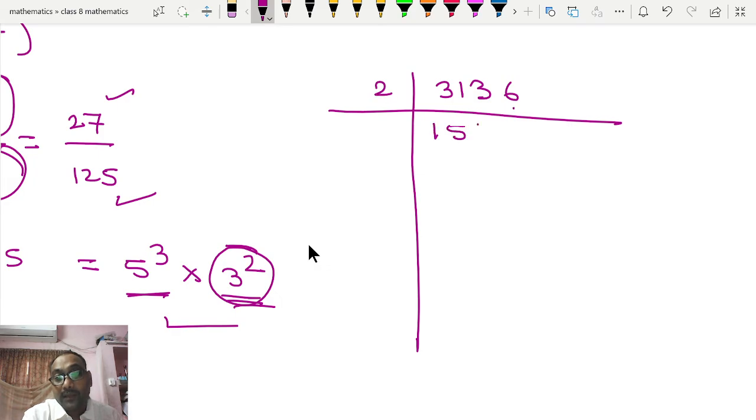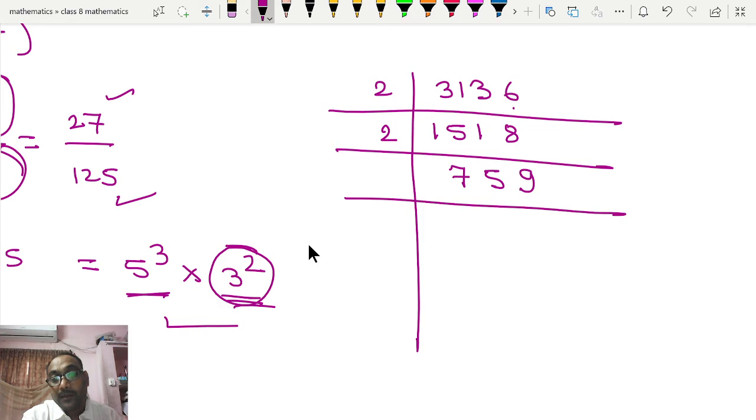1568. Again we find it is an even number, dividing by 2, 784. And this number is not divided by 2, but when you add 7 plus 5, 12, plus 9, 21, and 21 is a multiple of 3, so it is divided by 3. 3 times 2 is 6, 3 times 5 is 15, and 3 times 3 is 9.